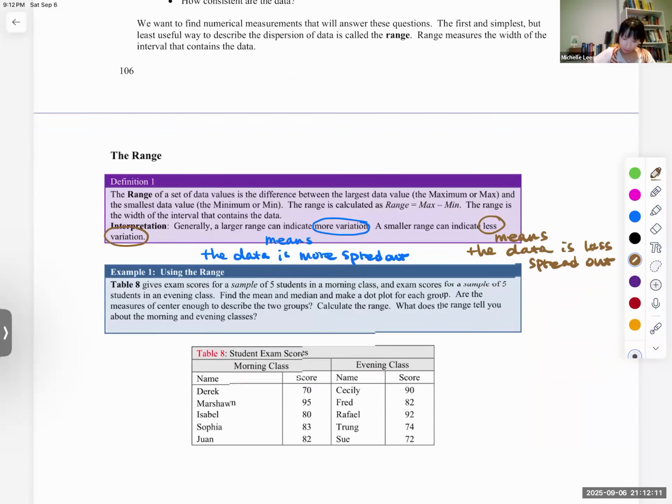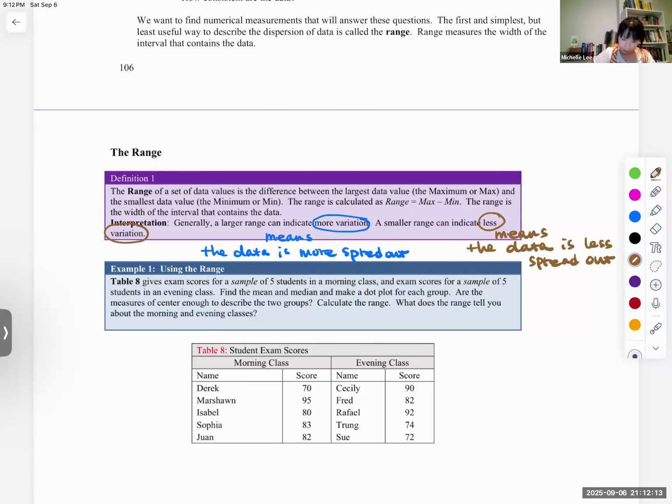Okay, so we have an example here, Table 8: student exam scores, morning class and evening class. Each one has 5 students' scores. We want to know the mean and median and make a dot plot for each.